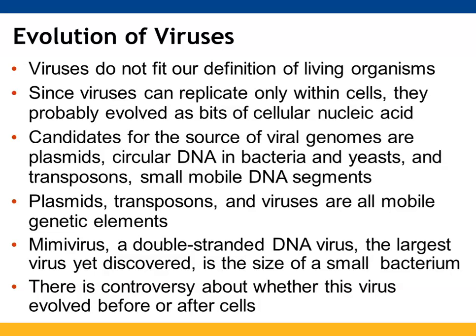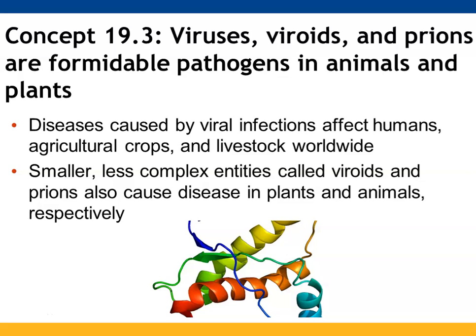It's a double-stranded DNA virus, and it's equivalent to the size of a small bacterial cell. And so there's some debate about whether this virus came about before or after cells. More to be determined. And so the final piece we're going to talk about are some other types of pathogens. We've spent some time talking about viruses and how they can have some significant impact, but so can viroids and prions.